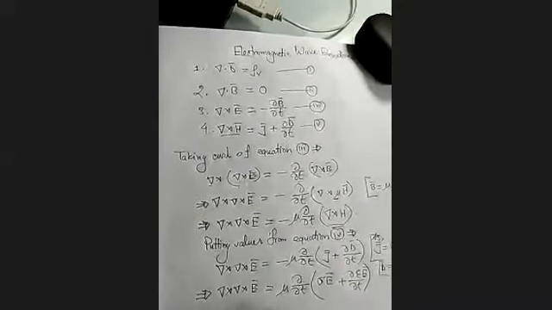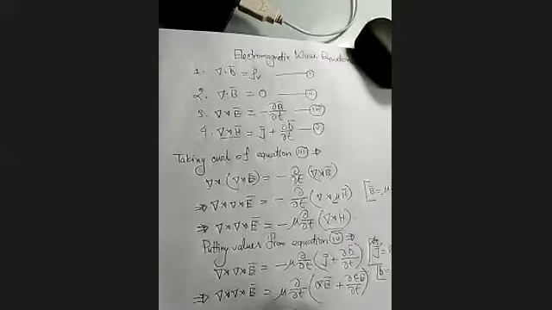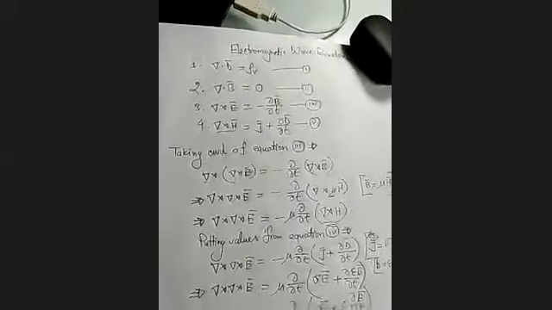Now del cross E is equal to mu into del by del t of sigma E plus, as epsilon is a constant part, we can write like this, del E by del t. I think up to this it is okay.